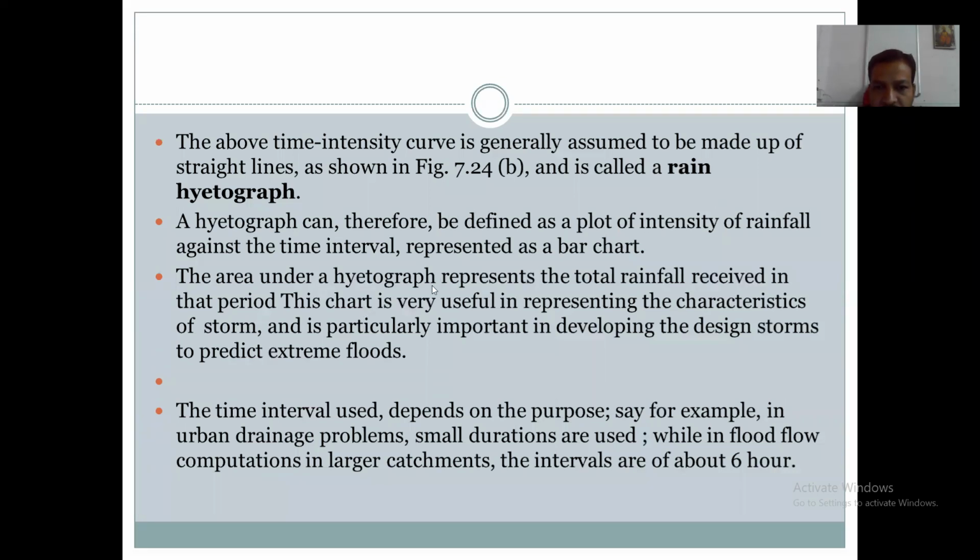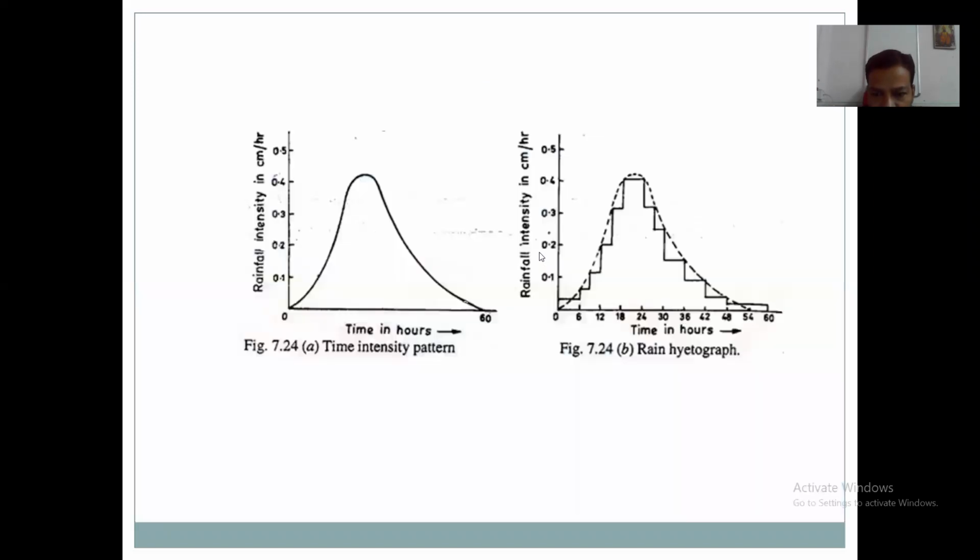So what is hyetograph? Hyetograph is a plot of intensity of rainfall against time interval, that is represented by a bar chart. So the rain hyetograph is represented by a bar chart. That shows the graph between rainfall intensity and time in hours.